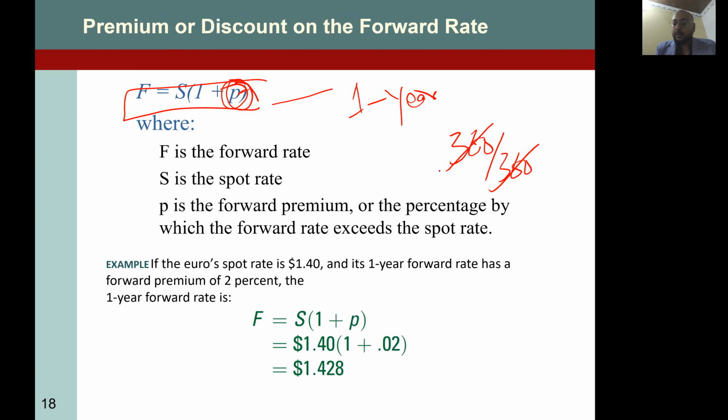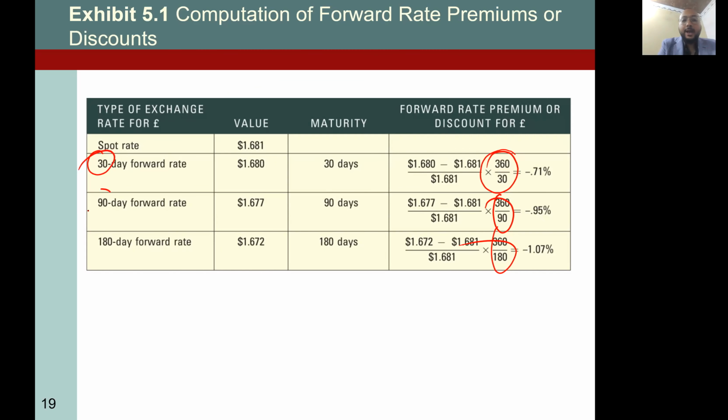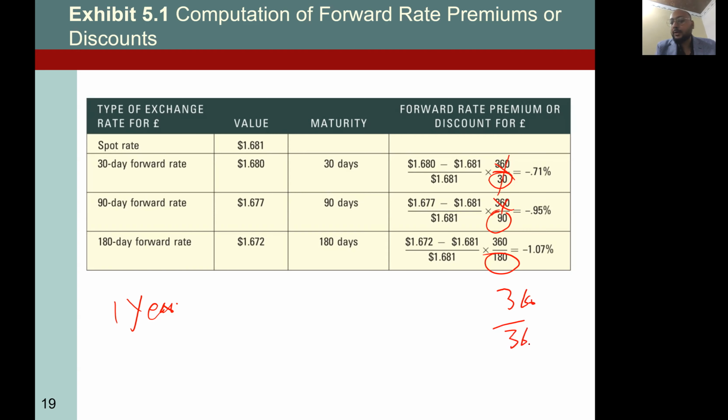So if this is for 30 days, 90 days, 180 days, you see the denominator is changing. If this is 1 year, then we do not use this, because 360 divided by 360 is going to be 1.